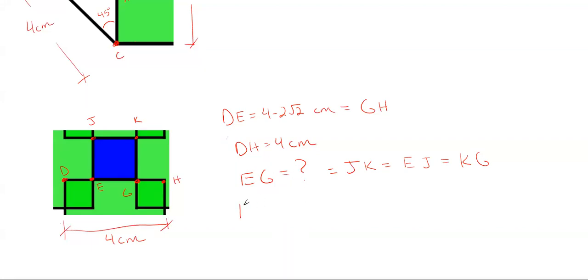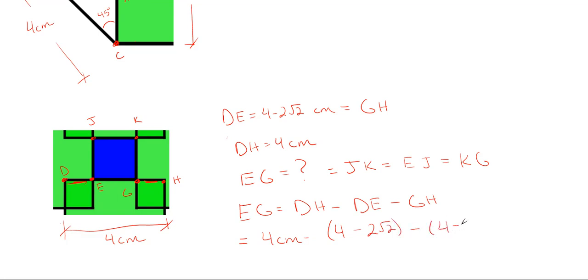Well, what is EG? EG will simply be D to H all the way across, subtracting off the 2 portions here of DE and then GH. So subtracting off DE and subtracting off GH. We have all those dimensions known, so this would just be 4 centimeters, subtracting off 4 minus 2 square roots of 2 centimeters, and subtracting off that once again, 4 minus 2 square roots of 2 centimeters.